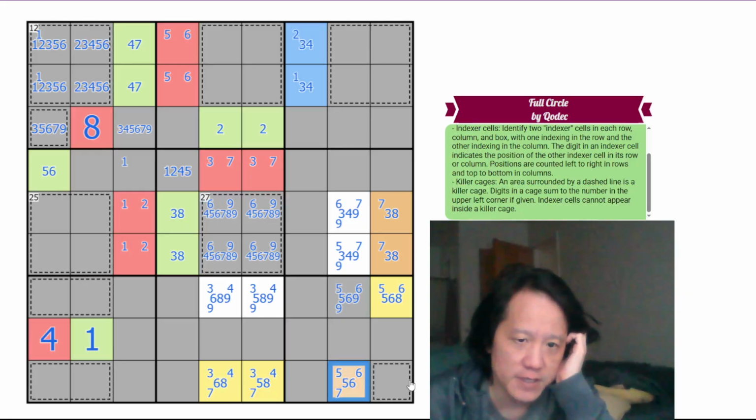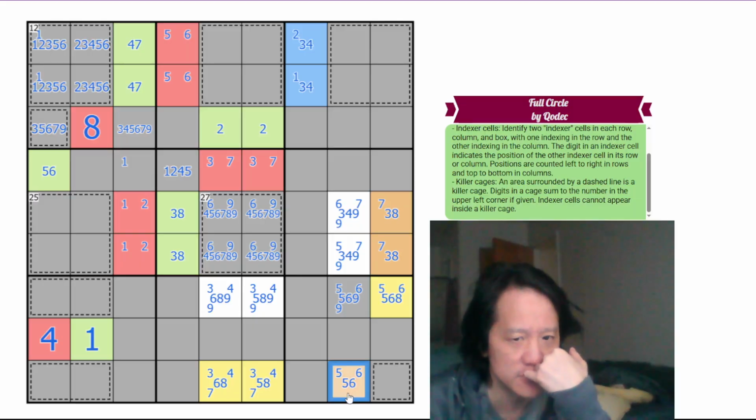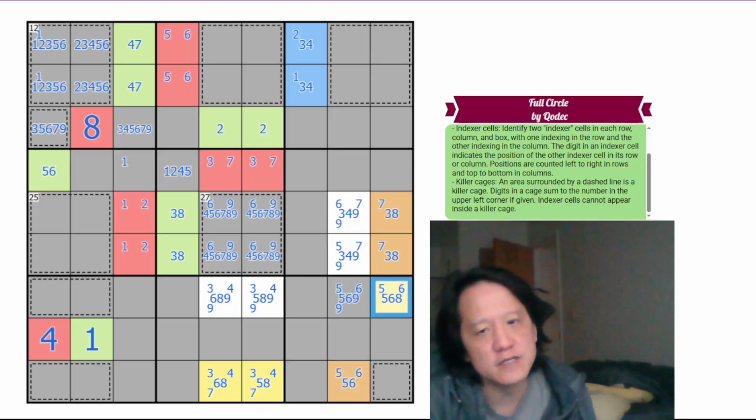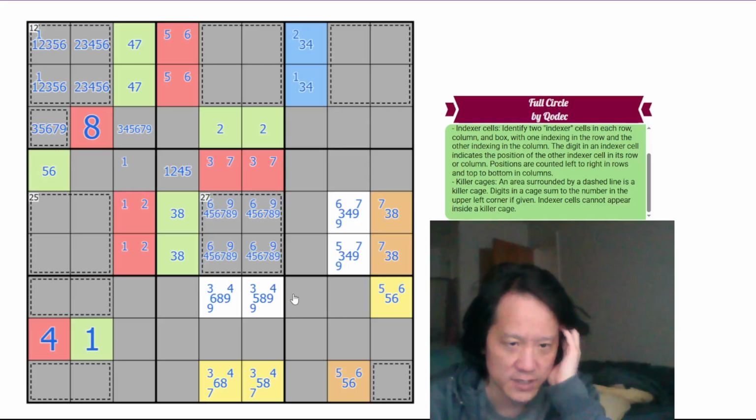If this indexes column, it cannot be 7 again. So this is 5 or 6, and this is 5 or 6. This can't index 8. So this has to be a 5-6 pair here. Either way it works, it has to be 5 and 6, right? So either this indexes row, which is 5 or 6, or it indexes column, which is 5 or 6.